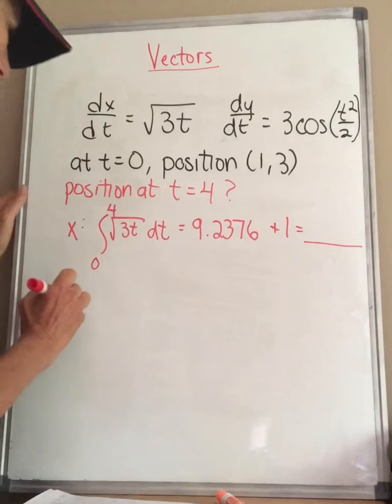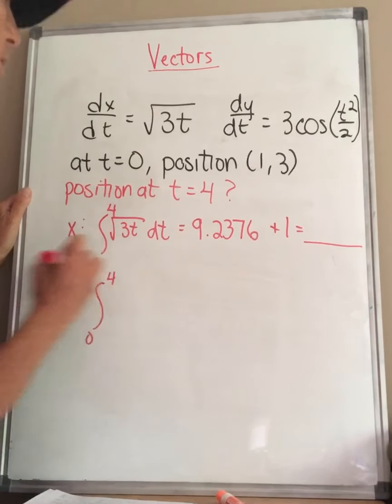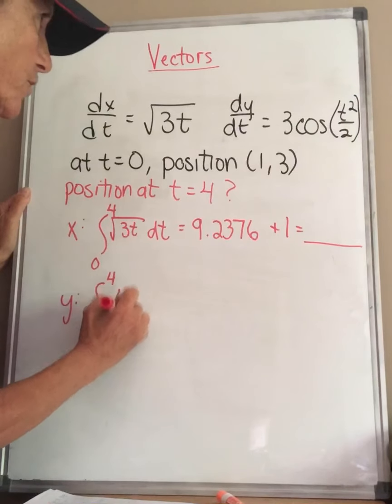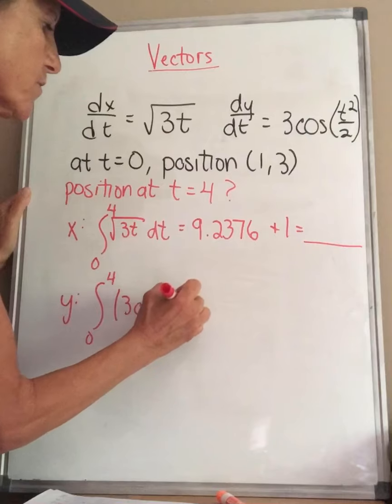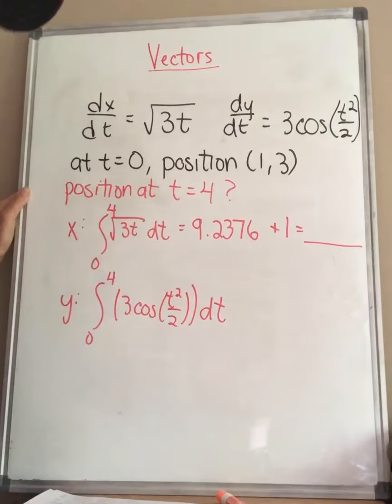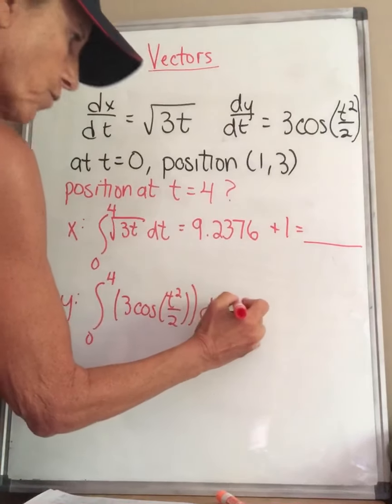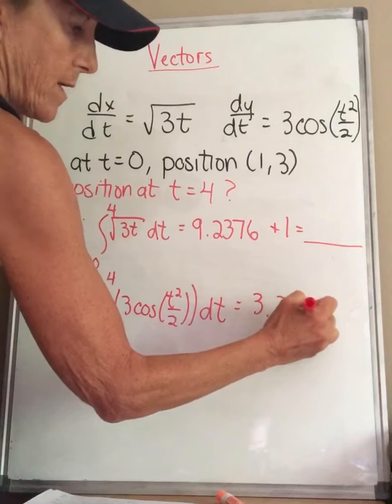We have to do the same exact thing for y. We're going to integrate from 0 to 4, and we're integrating 3 cosine of t squared over 2 dt right in the calculator. And you get 3.3994.